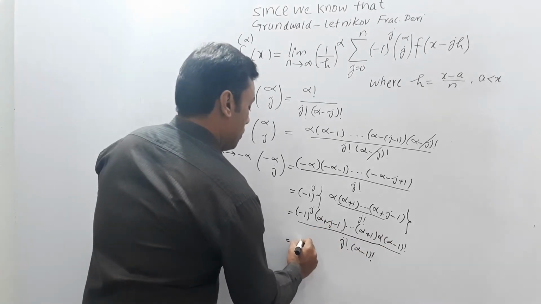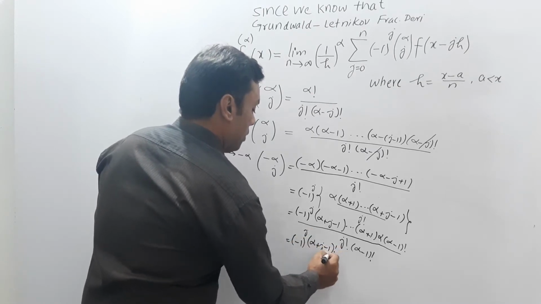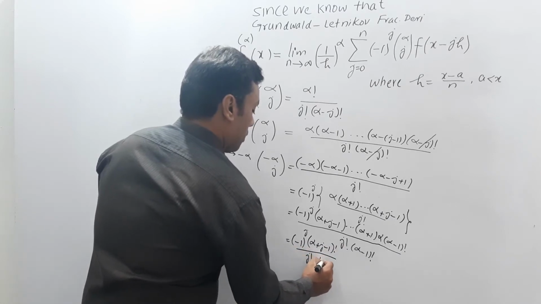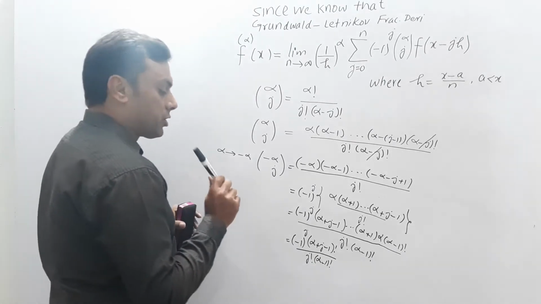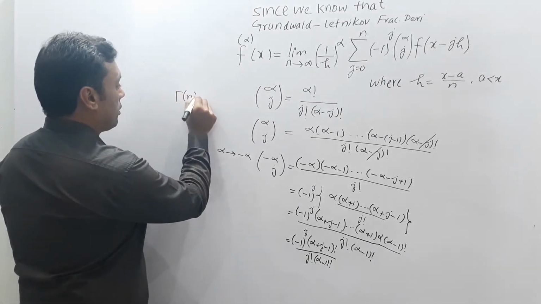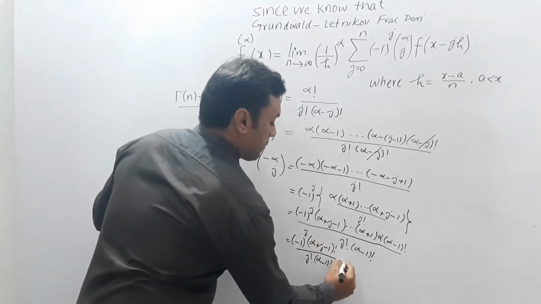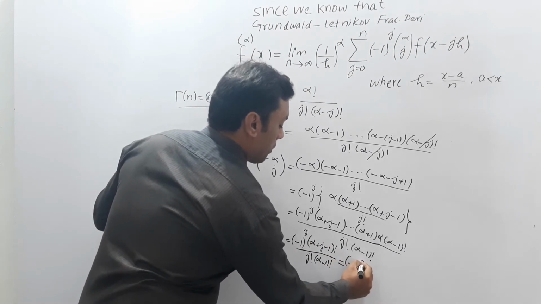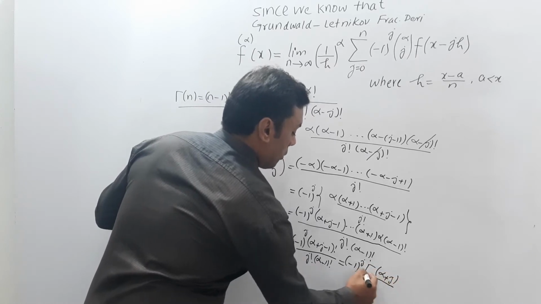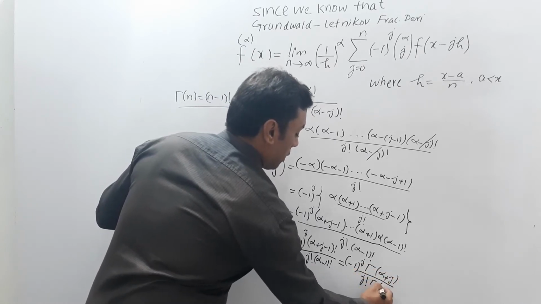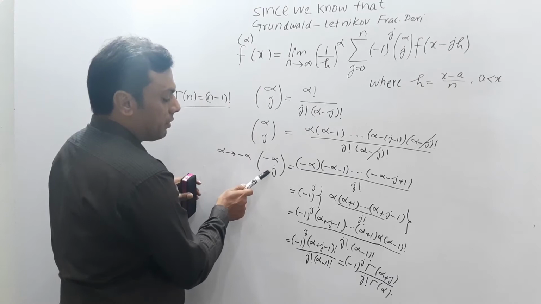So this equals minus 1 to the power j, alpha plus j minus 1 factorial, and in the denominator j factorial, alpha minus 1 factorial. And in the gamma function notation, gamma of n equals n minus 1 factorial. Using this notation, the last expression takes the form minus 1 to the power j, gamma of alpha plus j over j factorial gamma of alpha. Okay, this is the value of negative alpha C j.